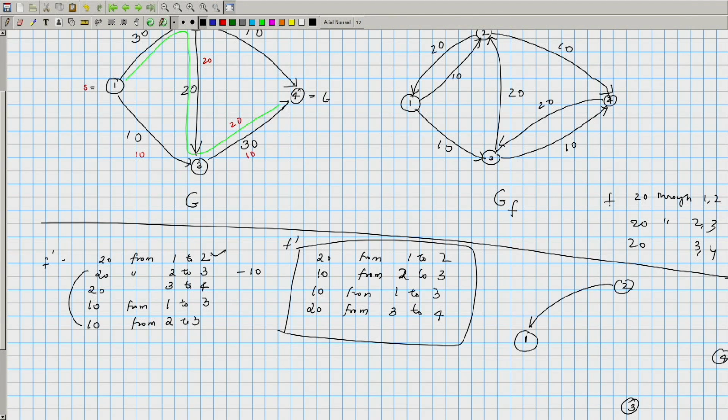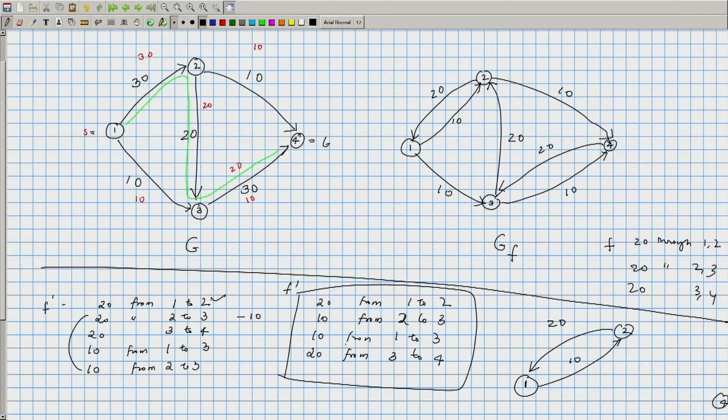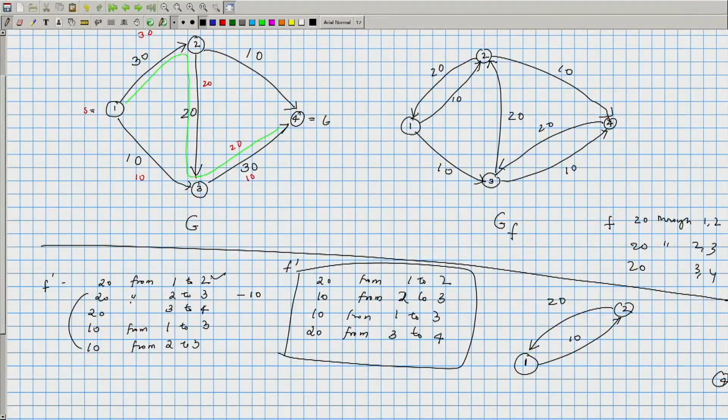So, there is still a backflow possible of value 20, and forward there is still a residual capacity of 10, and 2 to 3, okay, we had missed one particular edge, namely 10 from 1 to 3, 10 from 2 to 3, 20, and we had some flow of 10 from 2 to 4. Okay, so, that will be the changed flow.